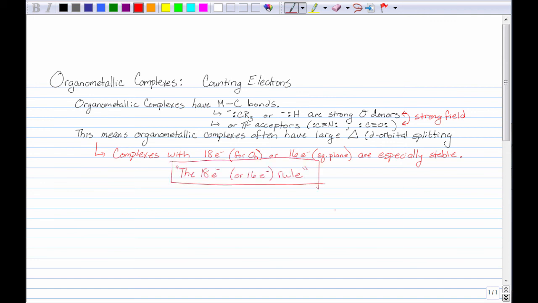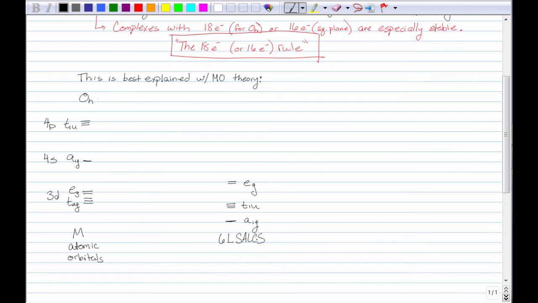We can explain the stability of 18 or 16 electron complexes with molecular orbital theory. So let's look at the d orbital splitting for a metal ion under an octahedral ligand field. I'm first going to focus on the octahedral case, and I'm going to construct a quick and dirty octahedral molecular orbital diagram.